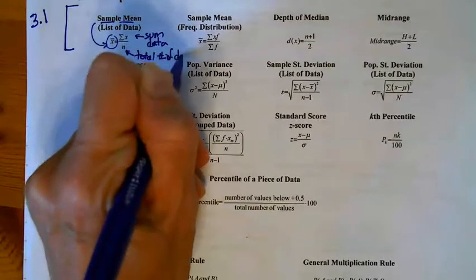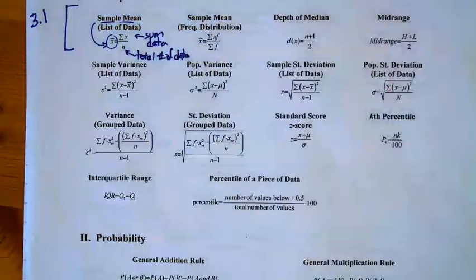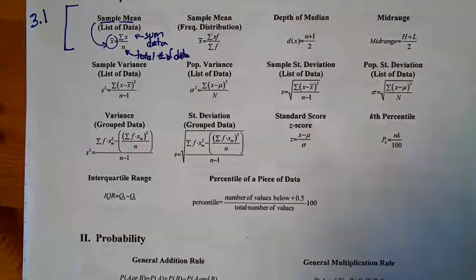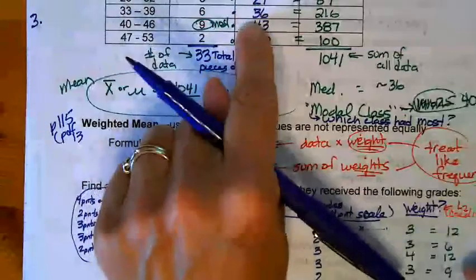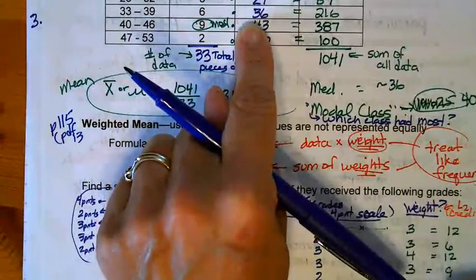You can write on this, and start getting comfortable reading this formula sheet. The next one says, what do you do for a frequency distribution? This is exactly what we did if we look back at the couple frequency distribution examples. We took our data value, maybe it was the midpoint that we had to use if it was groups.